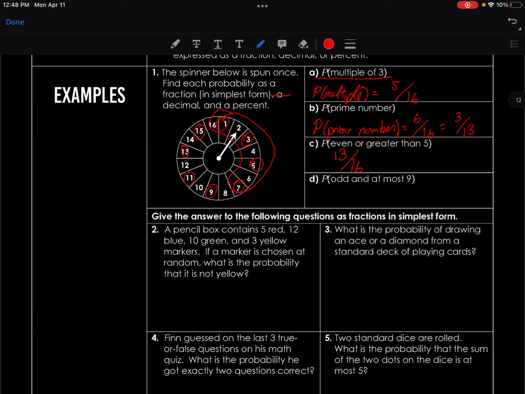Now this time, this is exclusive. We do not count 15, 13, and 11 because it's not odd and at most 9. Therefore, the number of events occurring is 5 out of a total of 16, and that is our answer.